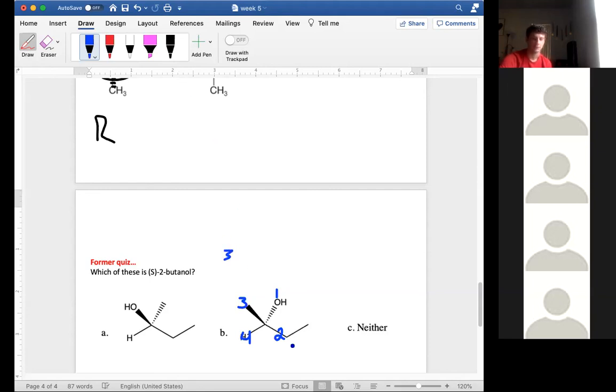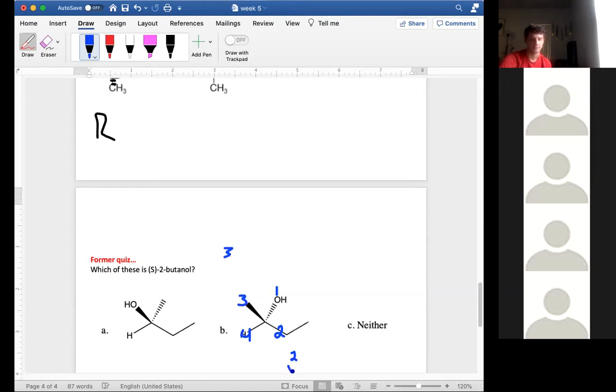Here you have 2 hydrogens and an extra carbon that is bonded, so it just adds up to more. So in this case, we cover up what's in the back. So 2, 3, 4. Right now it is S.